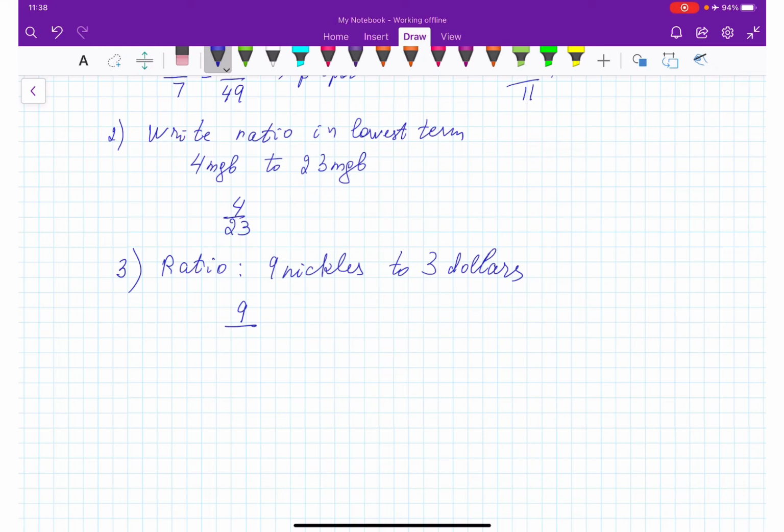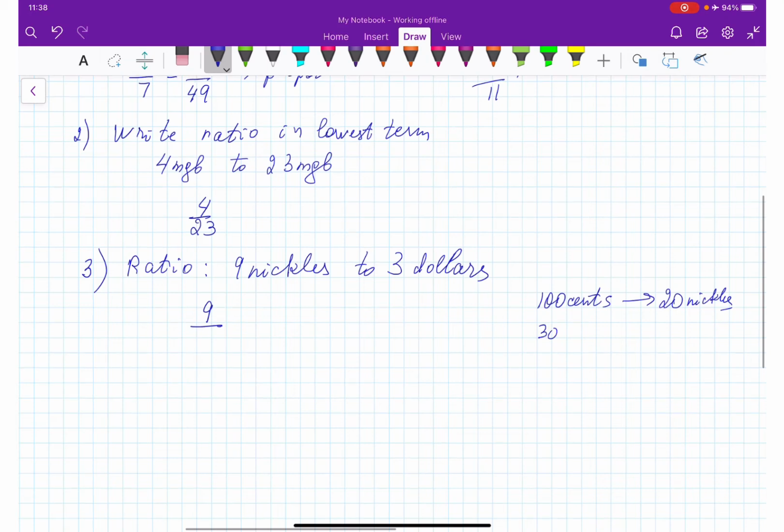$1 is 100 cents, right? And since one nickel is 5 cents, 100 divided by 5 is going to be 20 nickels. So $1 is 20 nickels, correct? Now we have $3, which is going to be 300 cents. 3 times more, right?